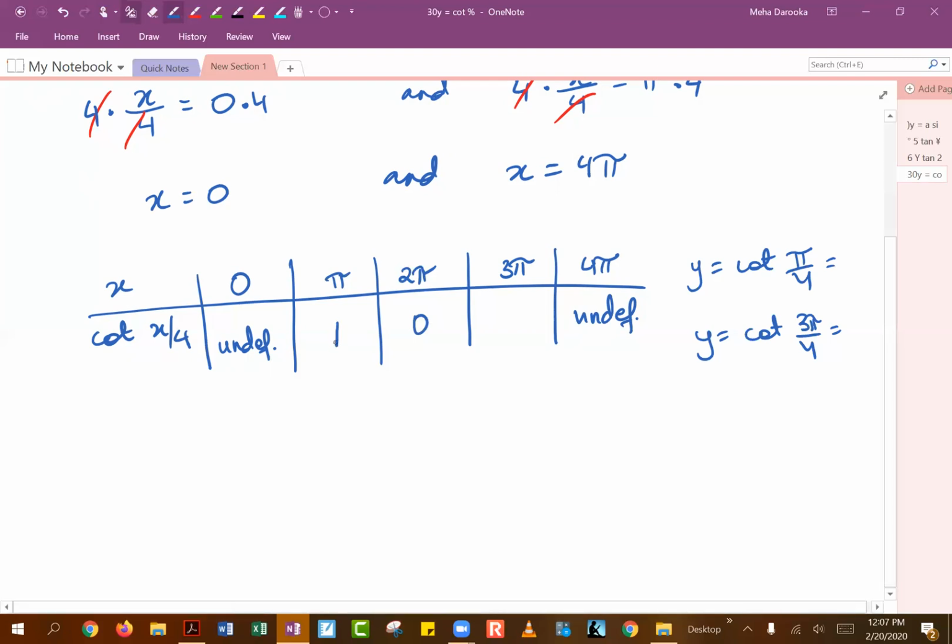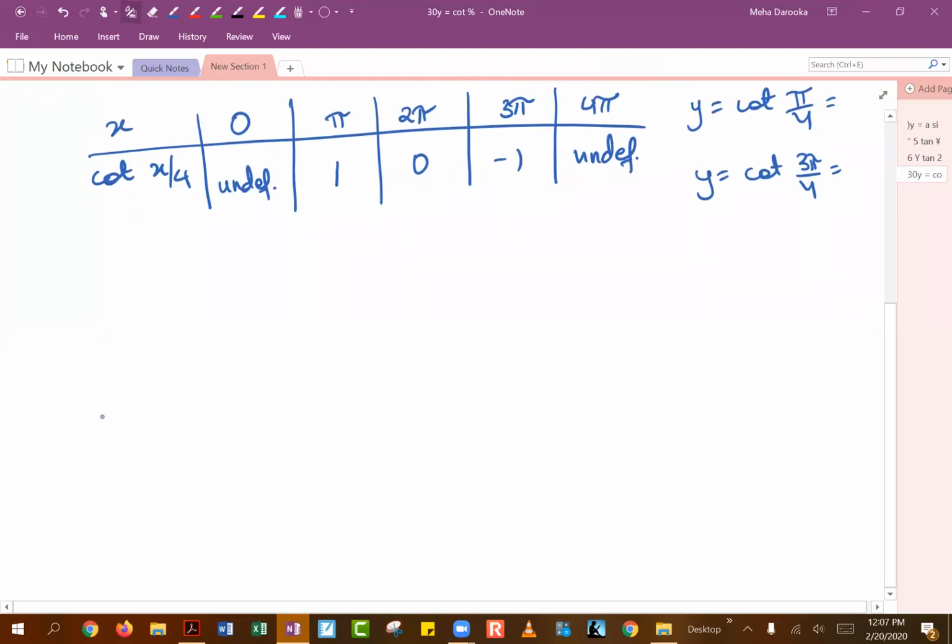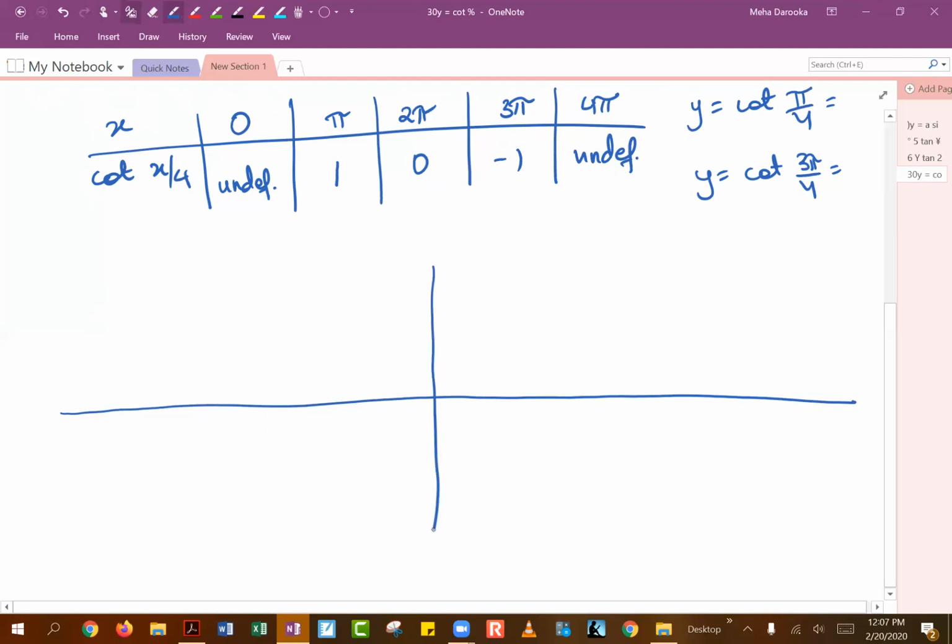So 1 for pi, you said? Okay. Again, let's see what this graph will look like. So we are going from 0 to pi, 2 pi, 3 pi, 4 pi.